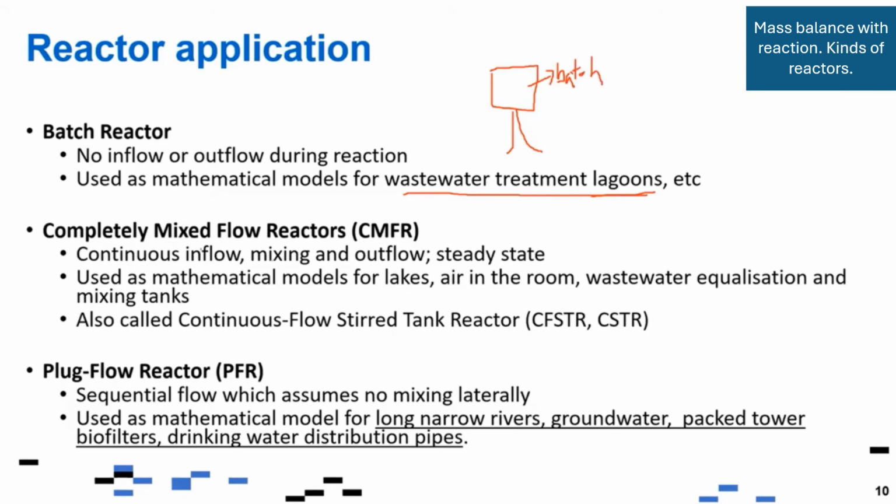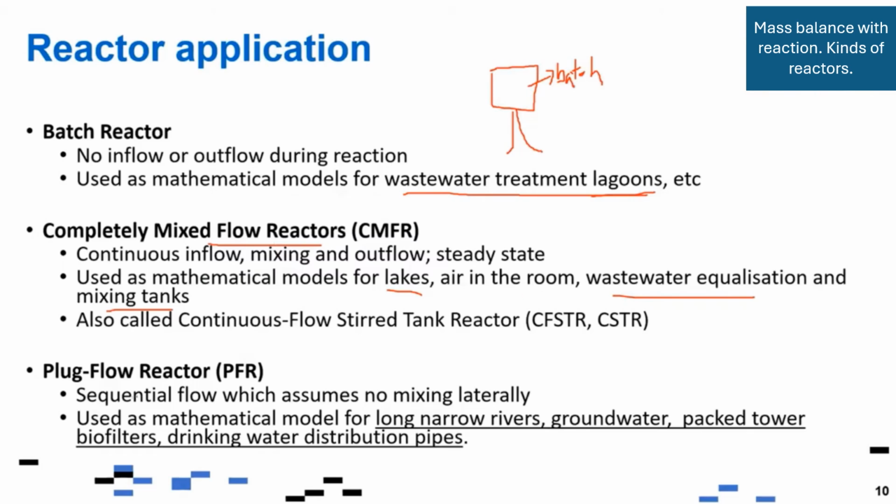And then for completely mixed flow reactors, we have a lot in wastewater treatment plants. We can also model some lakes. There is some flow. We can also model equalization and mixing tanks in wastewater treatment plants as a CMFR model for this kind of process.